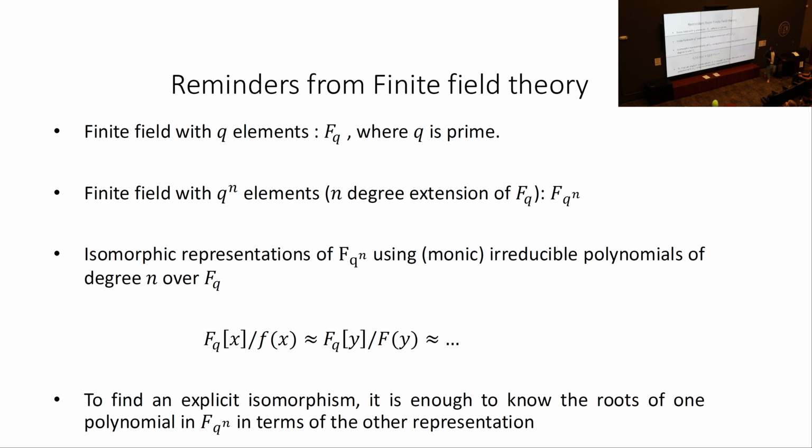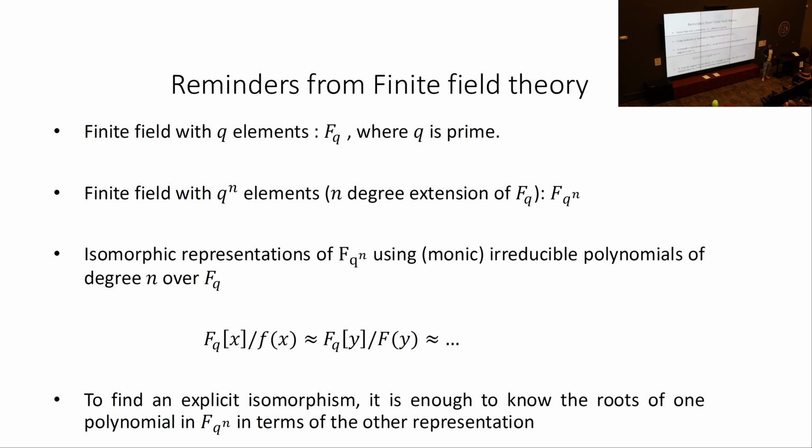How do you get different representations of a finite field? Well, you take any monic irreducible polynomial of degree n, and you consider all the polynomials over F_q modulo the irreducible polynomial. You take different irreducible polynomials and you have different representations of the finite field.